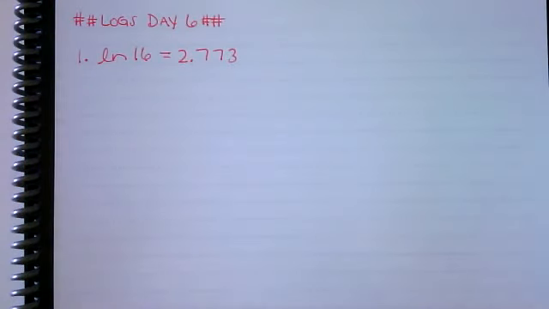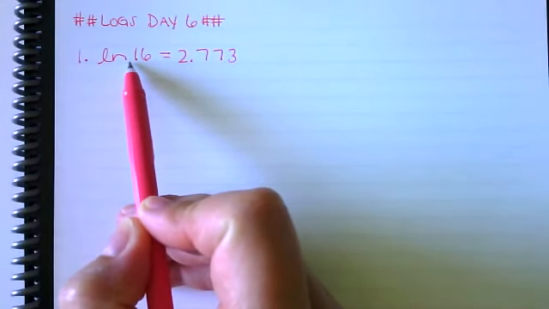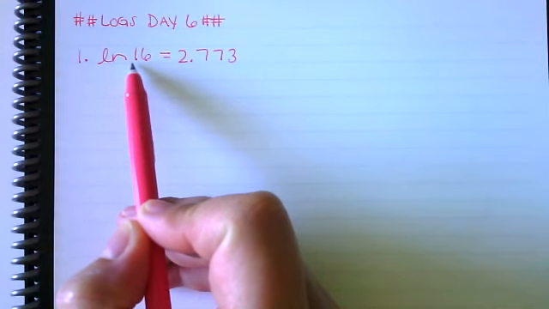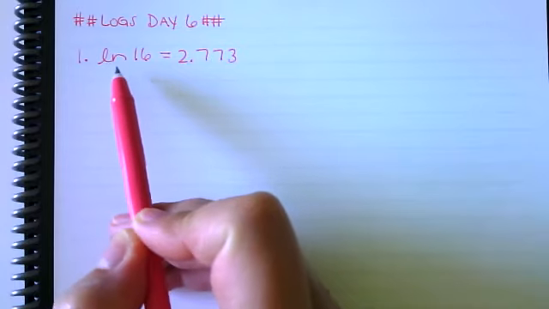Again, we're going to round everything to 3 decimal places, rounding to the nearest thousandth. For this natural log, you were able to just plug it directly into your calculator because there wasn't a base here. The base of our natural log is e, so I don't need to plug that into the calculator because that's just what it is to begin with.